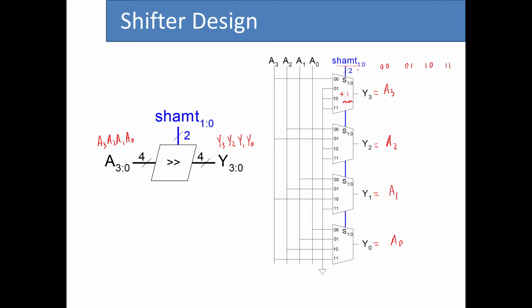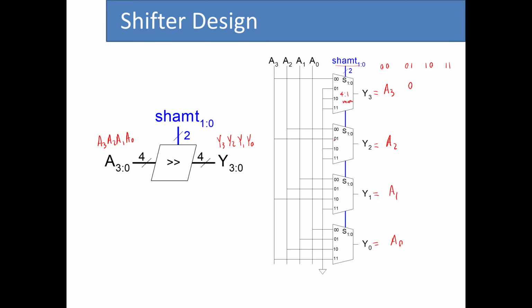So when the shift amount is 01, for all of these multiplexers, the 01 input will be selected. So for this one that creates y3, the 01 input is connected to the ground. So that means that y3 is going to be 0.